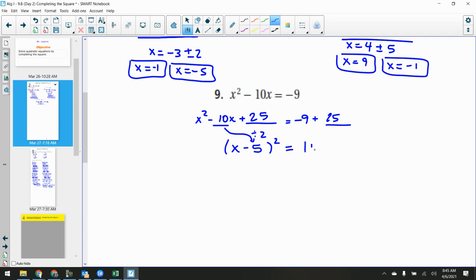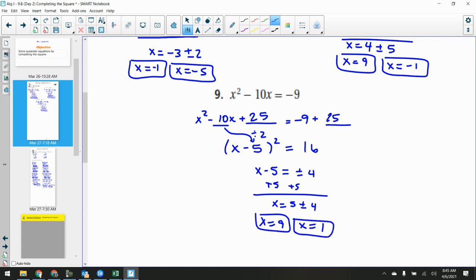Squared is positive 16. So that gives me an x minus 5 is equal to, again, plus or minus 4. I add over the 5 to the other side, and that'll get me x is equal to 5 plus or minus 4, which is a positive 9, and then a positive 1.